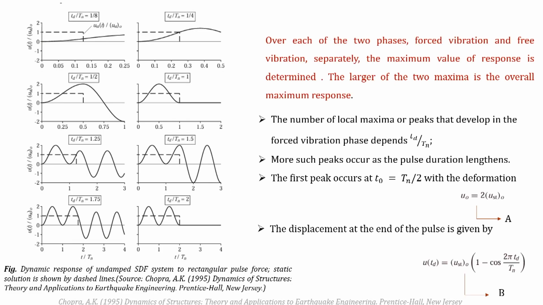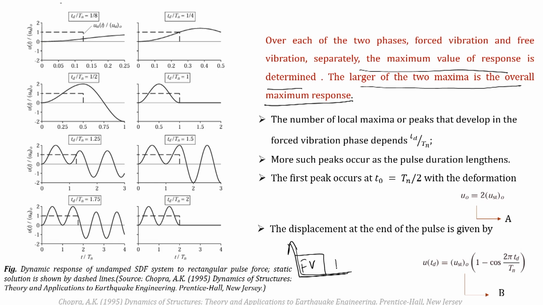Over each of the two phases, the forced vibration phase and the free vibration phase, separately, the maximum value of response is determined. The larger of the two maxima is the overall maximum response. It means that if the system is vibrating in two phases, we are calculating the response of the system in this phase, and we are also calculating the response of the system in this phase.